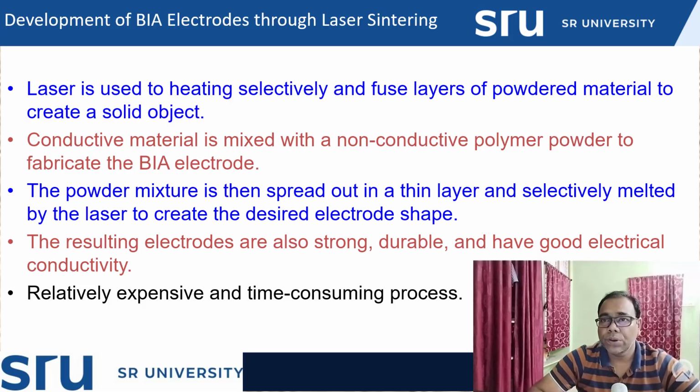Why? Because these materials are more costly for the production of the powder itself, and after that you make the electrode. Also, 3D printing is a time-taking process compared to conventional manufacturing processes.